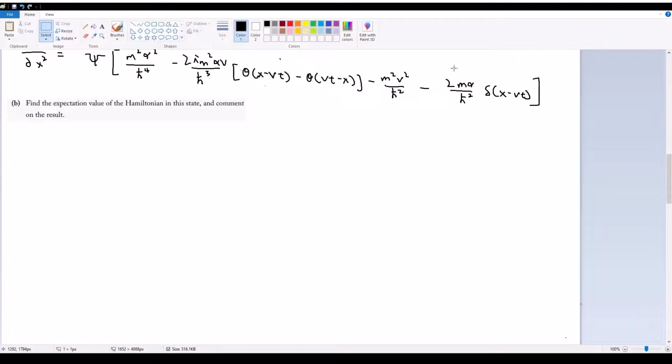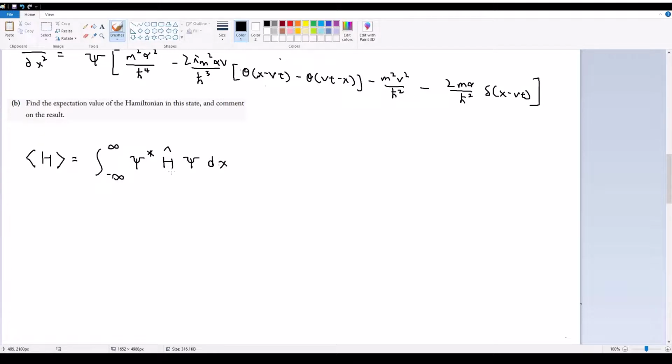Okay, part B, we want to find the Hamiltonian expectation value. To do that, we use the same property we've been using all this time, which is that the expectation value of H is equal to the integral from negative infinity to positive infinity of psi star, the complex conjugate, with the H hat operator acting on psi, closed with the dx.